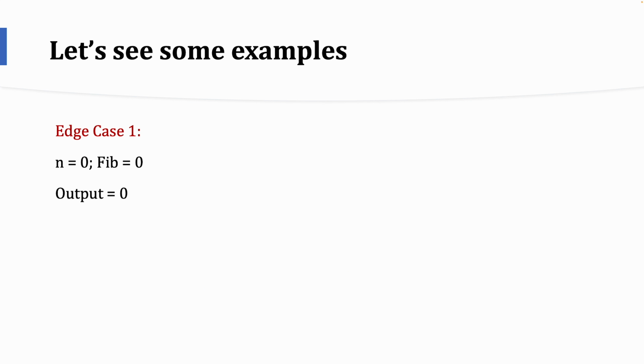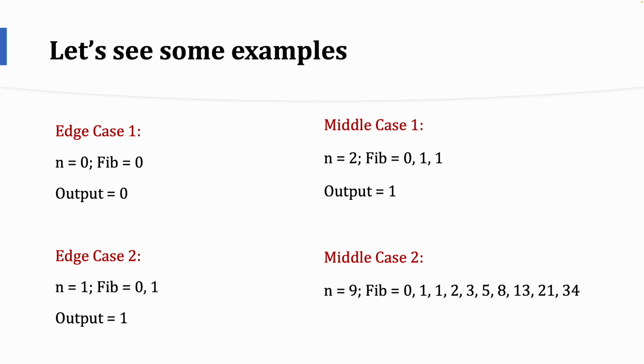And then let's also go with two middle cases. n is equal to 2, and then n is equal to 9. You see we have a bunch of elements in the sequence right now, and then we get the 9th element, which is 34.